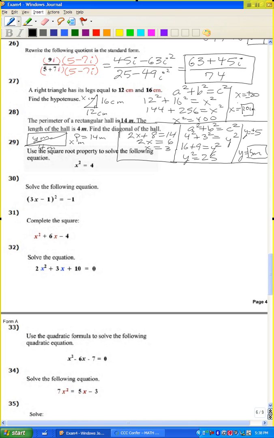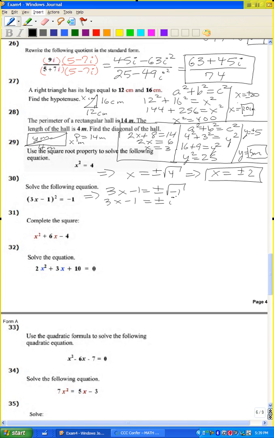Use the square root property. That says that x is equal to plus or minus the square root of 4, so x is equal to plus or minus 2. Solve the equation. I can use the square root property. 3x minus 1 is equal to plus or minus the square root of negative 1, which is i. Add 1 to both sides of your equation.